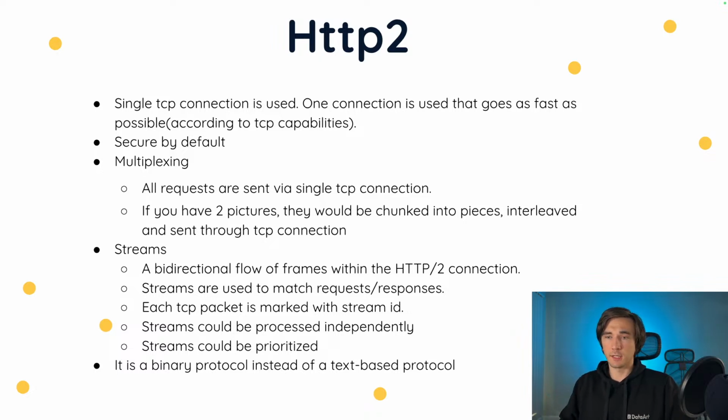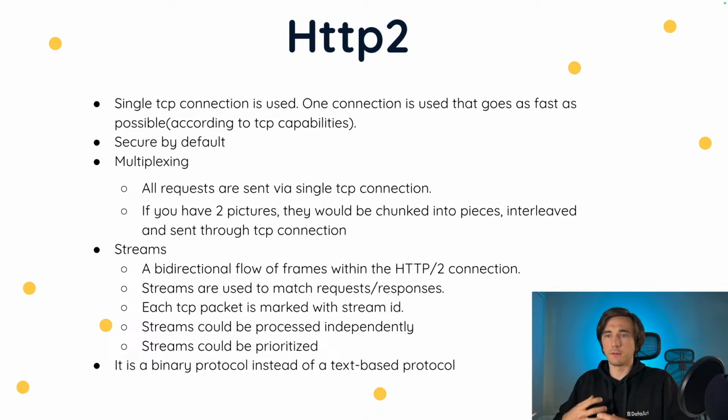Why? Because you are trying to send all your requests in parallel. That is called multiplexing. Multiplexing allows you to send all the requests using this single connection, and they are not sent one by one, but are split into small chunks, and they are sent chunk by chunk.